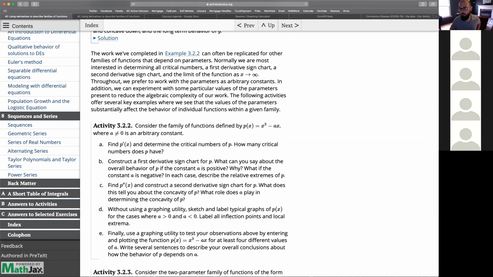So we've got 4 people here. I think this is probably a good opportunity. I'll drop us into breakout rooms, so I'll split you off 2 and 2. Then we can take a few minutes, so you'll have a partner here to think through this activity 3.2.2. I'll jump back and forth between the 2 rooms, and then we'll come back together and see what we figured out.